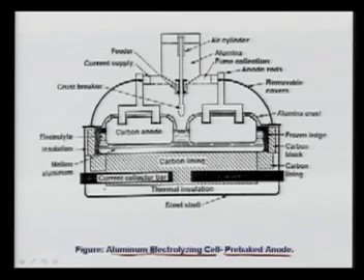First of all, this is the cell, which is made of a cast iron or steel shell, and then you pass the current through this. This is the thermal insulation, because we need constant heat here. So the current is supplied, and then let me go one by one. You see here, these are the anodes.